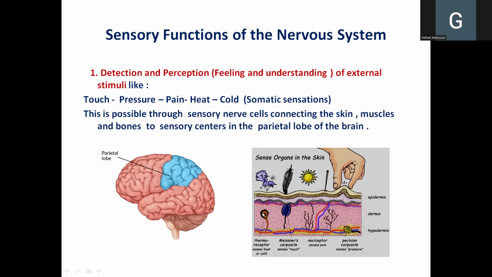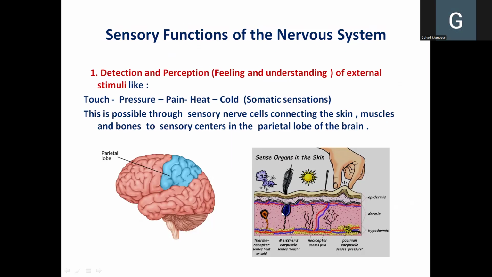We have Krause's bulb, that is responsible for cold. K, cold, Krause's bulb. And we have the Ruffini end organ. They do not show here. Ruffini is for heat. Of course, all these sensations are somatic sensations.